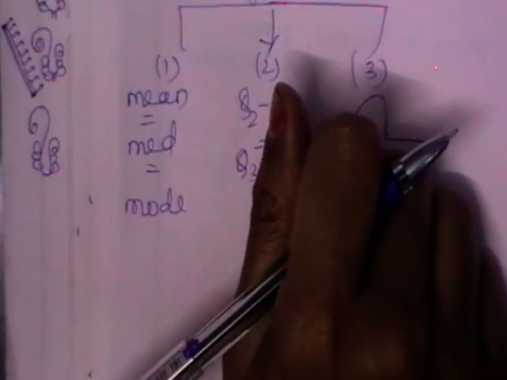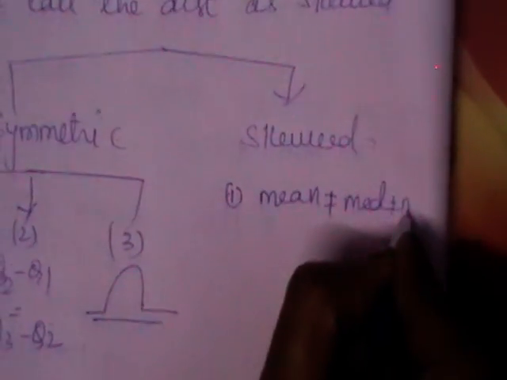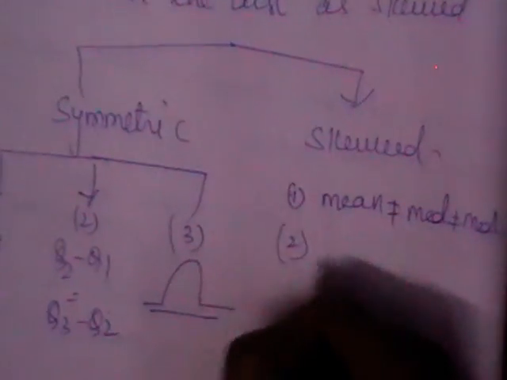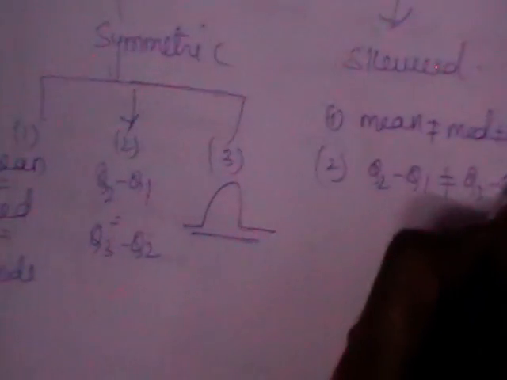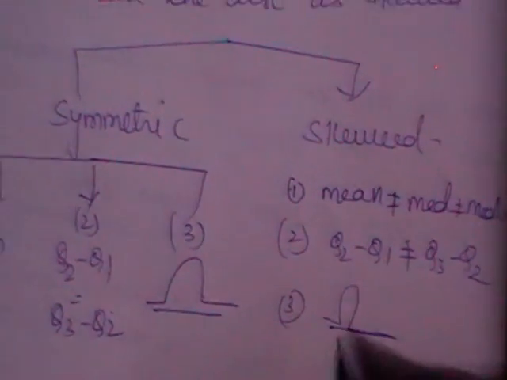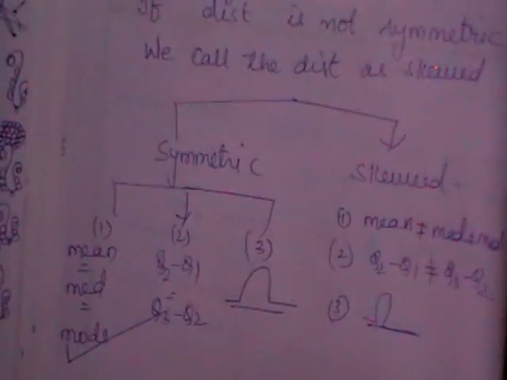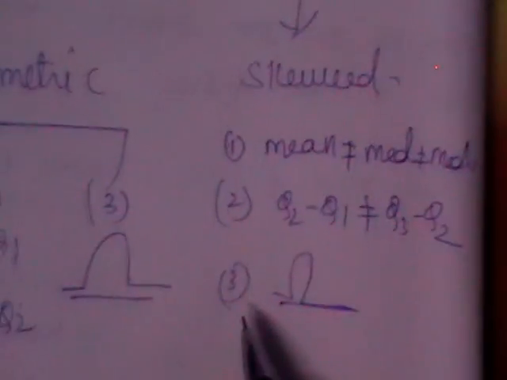If the conditions are not satisfied, that is, mean not equal to median not equal to mode, and Q2 minus Q1 not equal to Q3 minus Q2, and the distribution is not bell shaped, we call that a skewed distribution.